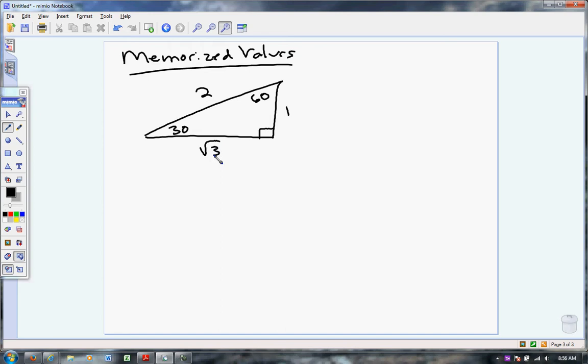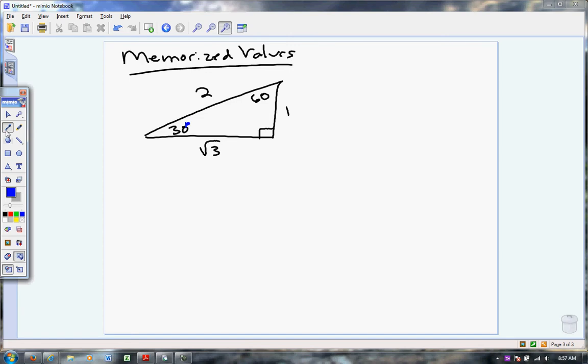Well, if I know that, these are some of the most common angles used in trigonometry. And remember that 30 degrees is the same thing as pi over 6 radians, okay? So the sine of 30 degrees would be the same thing as the sine of pi over 6, in radians.